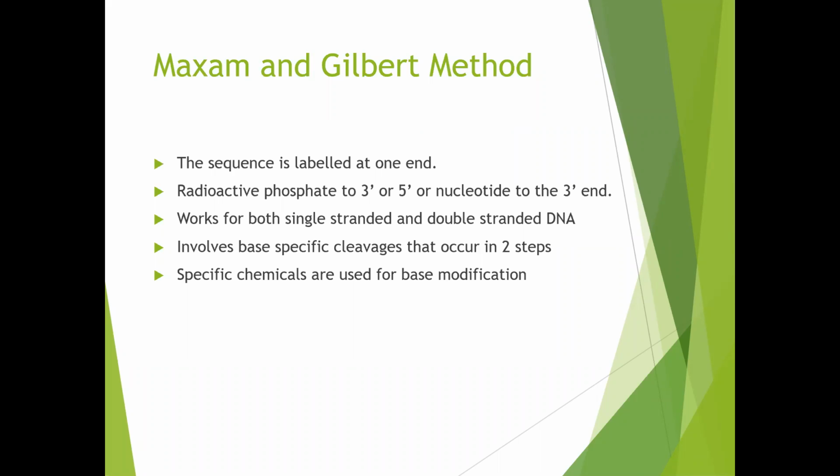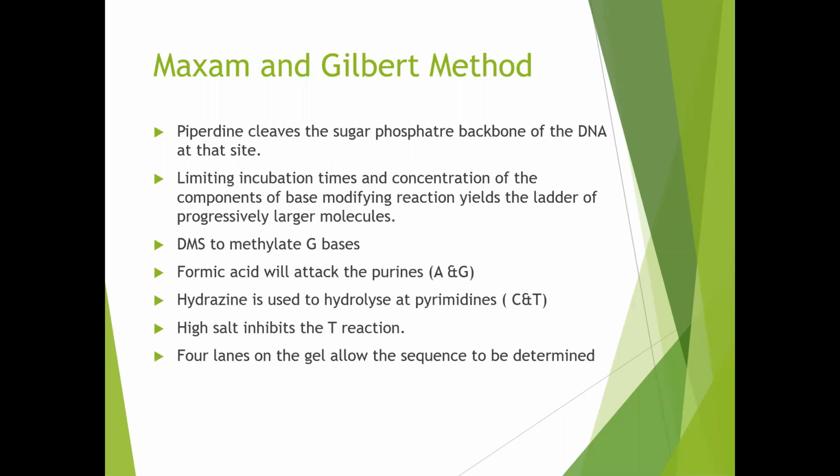This method works for both single and double-stranded DNA. This involves base-specific cleavage, which will occur in 2 steps. First, the chemicals are used for base modification. Then, piperidine cleaves the modified bases, and it cleaves the sugar phosphate backbone of the DNA at that modified base.